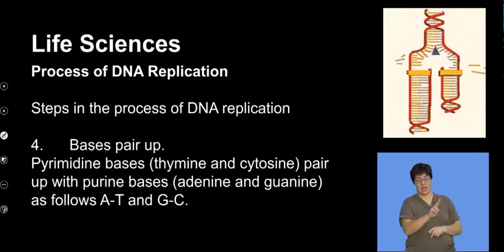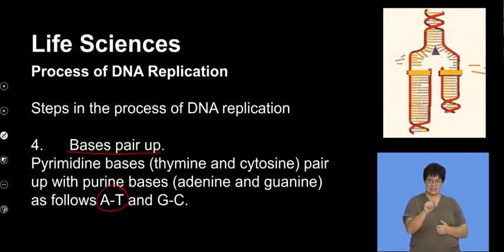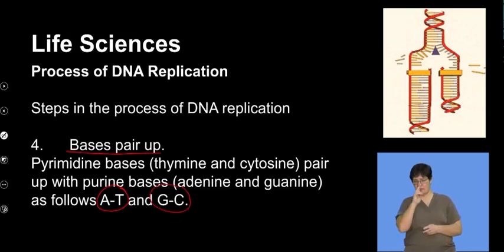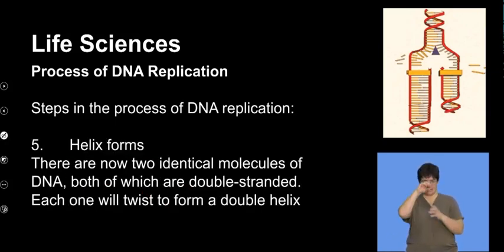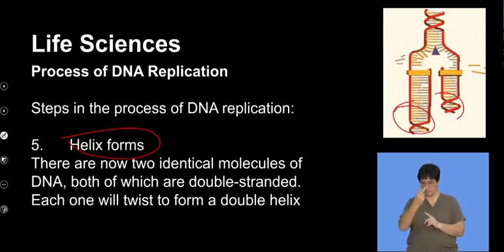And we finally see that once these base pairs are joined together with the combination of A and T combining, we look at finally the helix forming, which we see here, and the DNA starts reconfiguring into a double-stranded helical twisted molecule.